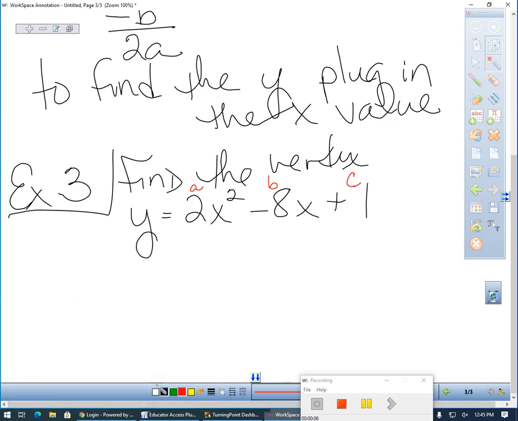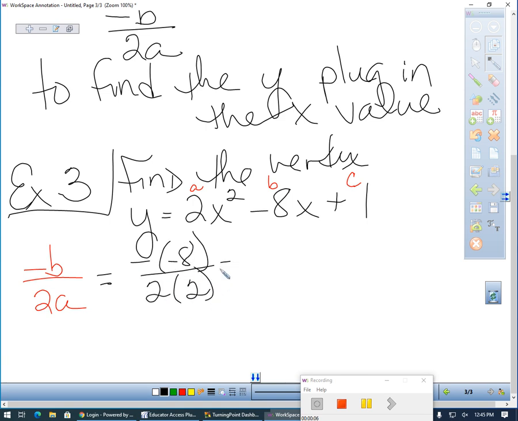So first, we got to do negative b over 2a. So negative negative 8, so it makes it a positive 8, right? Over 2 times 2, which is 2. So in our vertex, that's the x value.